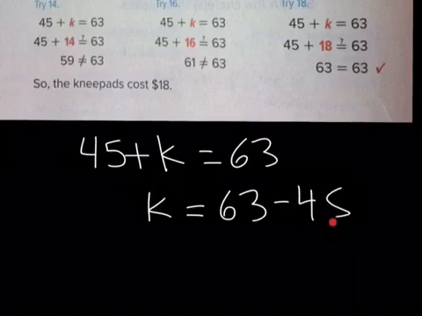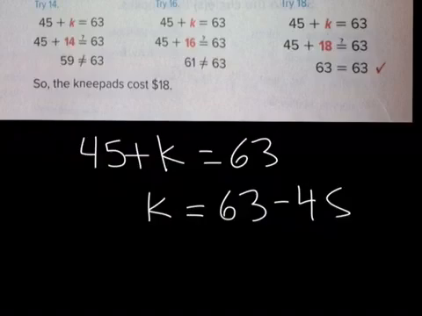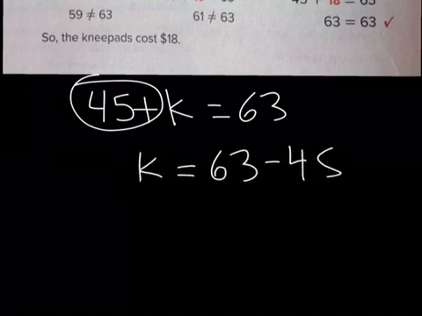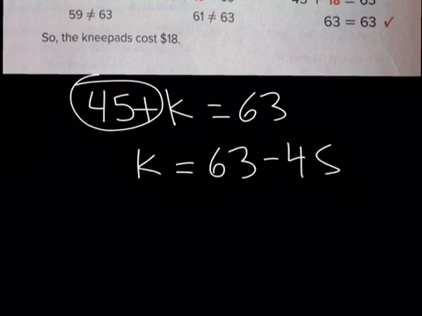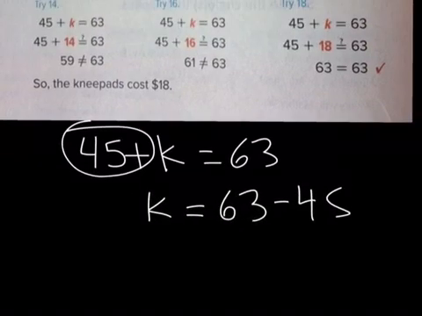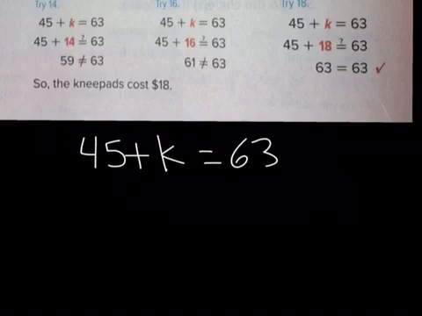Why am I subtracting 45? Well, because on this side it's being added. So I'm going to take it to this side and subtract it. It would be the same way, boys and girls, if we were going to subtract it from both sides. Let's say I had the equation like this, and I want to isolate my k, right?